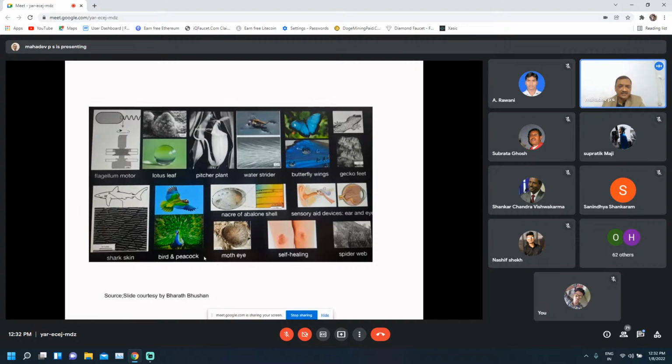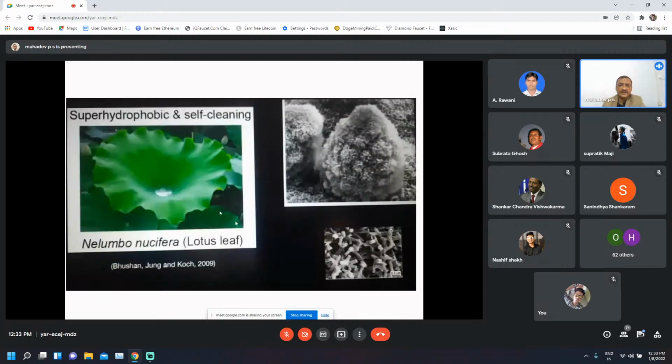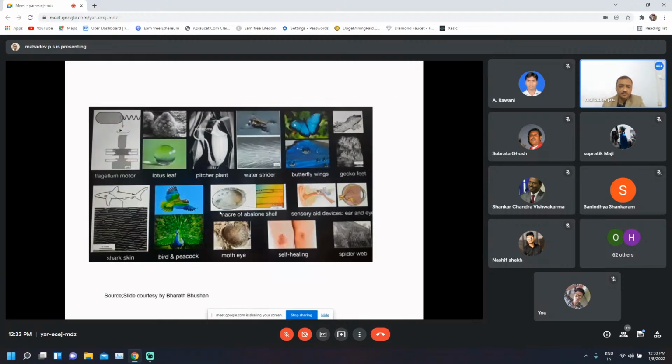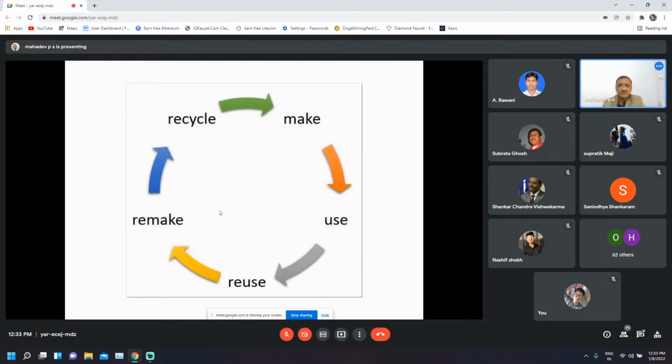Shark skin, bird, peacock, moth eye, nacre of abalone shell, the self-healing property of human skin, sensory aid devices, ear and eye, spider web. All these things have biomimetics applications.